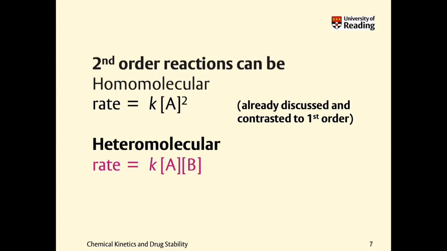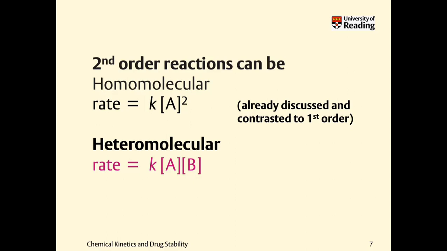So second order reactions can be homomolecular in that case where you have rate equal to the rate constant times the concentration of reactant squared, but it can also be heteromolecular. So rate would equal k times the concentration of one of the reactants times the concentration of another reactant.